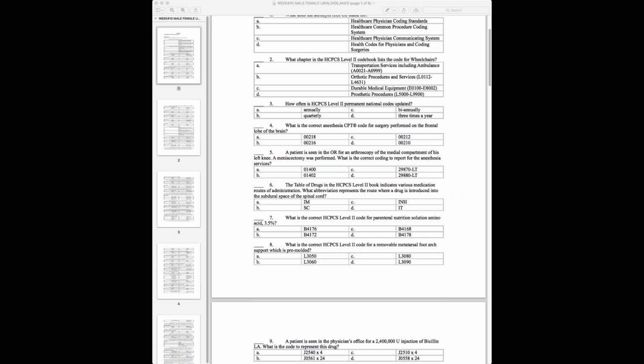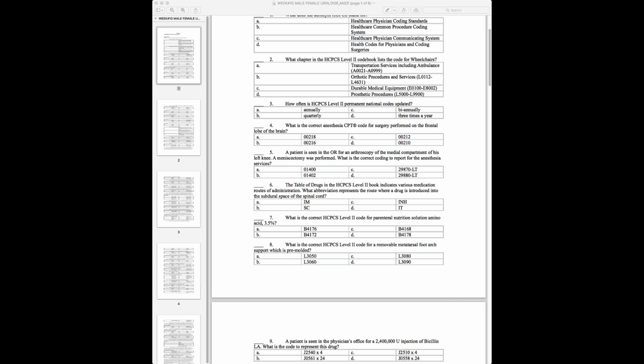So look for the second one on number 45. B is the 59525. So you should have your 59618 and then your 59525 for number 45.